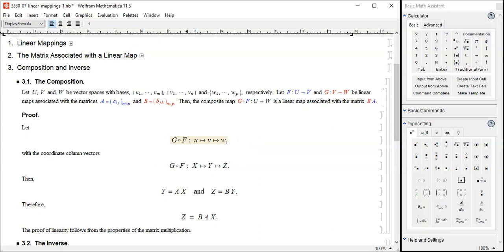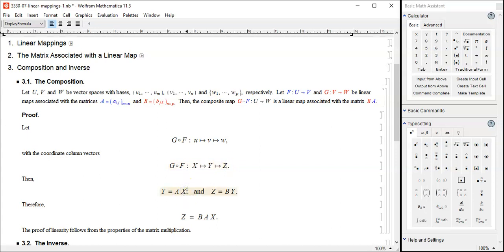Okay, here's the basic scheme. G composition F is sending U to V and V to W. And in terms of the coordinate expressions, X is going to Y and Y to Z, where X, Y, and Z are column vectors, the coordinates of these vectors u, v, and w with respect to the first basis, the second basis, and the third basis respectively.